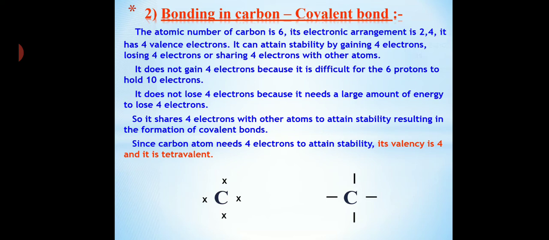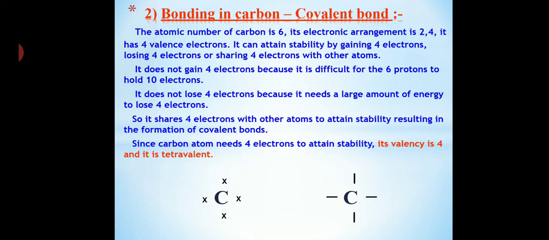Suppose it gains 4 electrons, then what happens? Its protons remain 6, electrons become 10, right? So it is not possible. It can't hold the 10 electrons. 6 protons do not have that force to hold 10 electrons. Similarly, it does not lose these 4 electrons also, because to lose 4 electrons, it needs a large amount of energy.